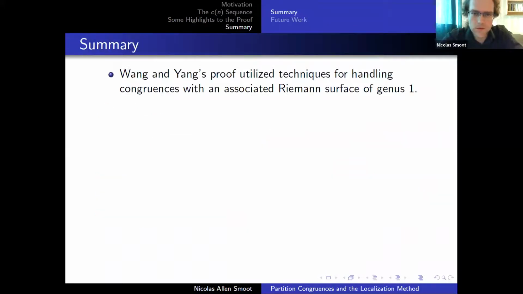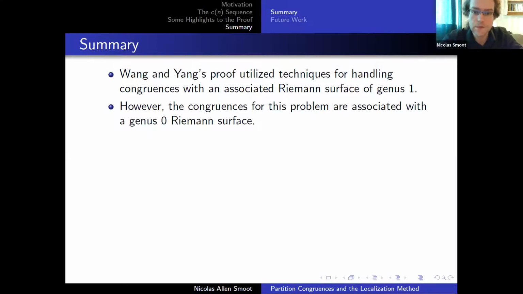But here is just a summary of the key things that I want to focus on. So Wang and Yang, they gave a proof for this sequence Cn, for this congruence family. They use techniques for handling congruences when the associated Riemann surface has genus 1, and it doesn't, it has genus 0. So one would expect the traditional genus 0 techniques would work, and they don't.